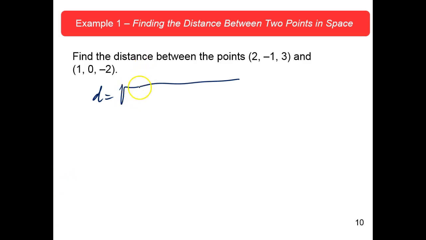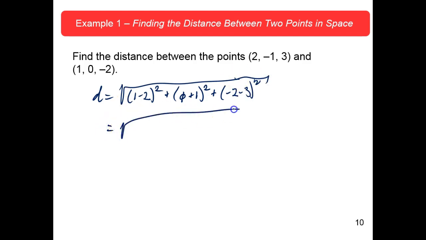Okay. So you have 1 minus 2 squared, plus 0 minus 1 squared, minus a minus 1 is plus 1 squared, plus... okay, and that would be the square root of negative 1 squared plus 1 squared plus negative 5 squared.